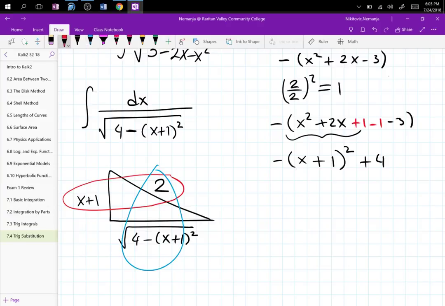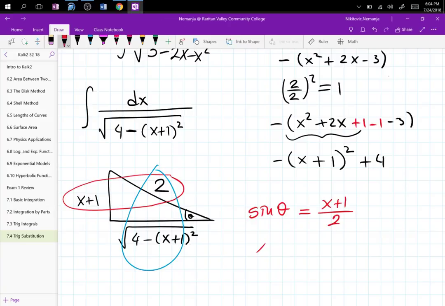So now we create our red equation and our blue equation. The red equation is the one that will contain x in it. It is sine, because I have opposite and hypotenuse. So sine theta, don't forget to define theta, is equal to the opposite, x plus 1, divided by the hypotenuse, 2.